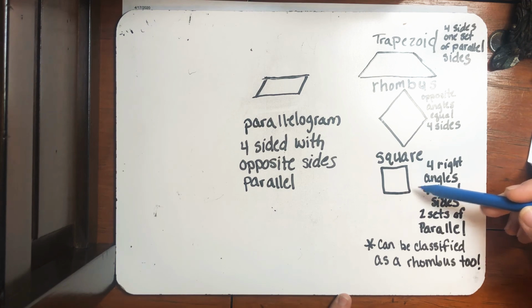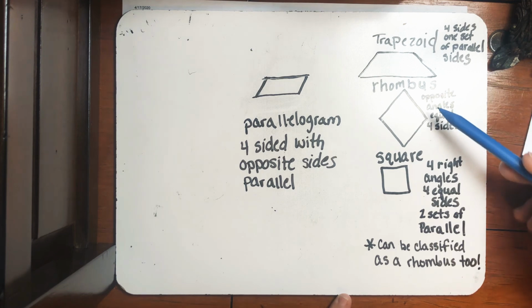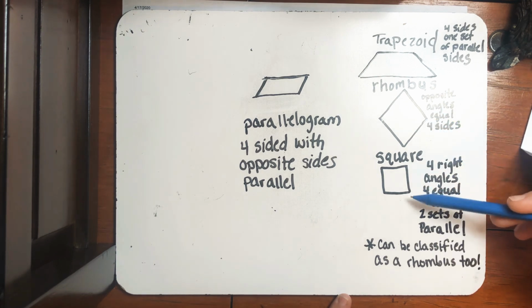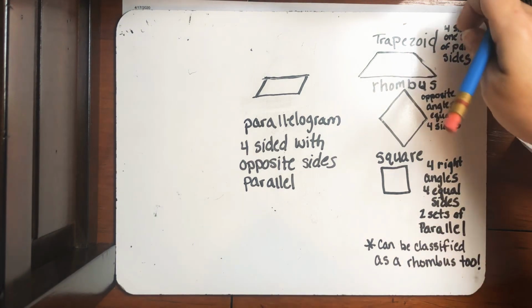A square has 4 right angles, 4 equal sides, and 2 sets of parallel lines. It also can be classified as a rhombus. So a rhombus does not have to have equal sides, but one with equal sides would still be considered a rhombus. So all squares are rhombuses, but not all rhombuses are squares.